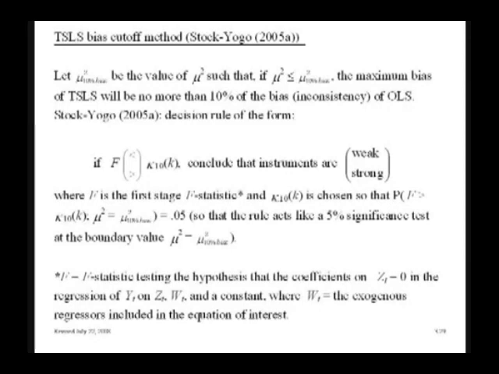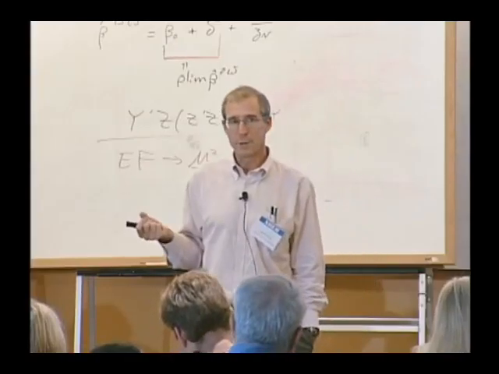Essentially, okay. So the question now at hand is: do we have weak instruments or do we not have weak instruments? So that's a decision. You can pose that as a decision problem, and you want to have some data-based rule that is going to give you a yes/no answer to that.